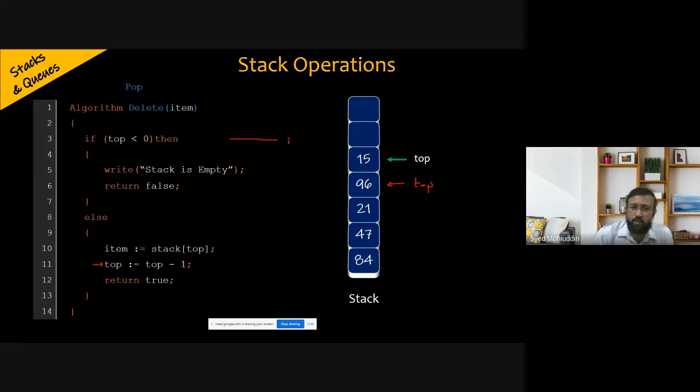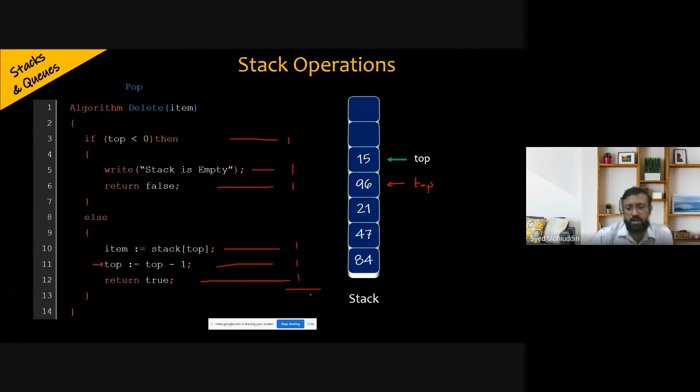It takes 1 unit because it's a primitive statement. A write statement is also primitive, takes 1 unit. Even this takes 1 unit. Then this statement is also primitive, takes 1 unit. There are no loops here. Even this is primitive, takes 1 unit. Even this takes 1 unit to compute.